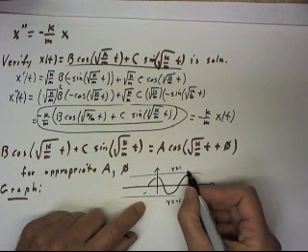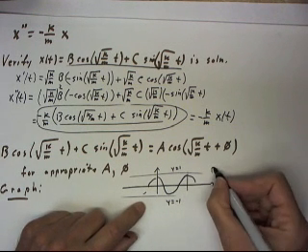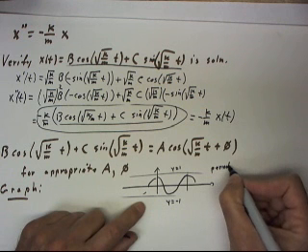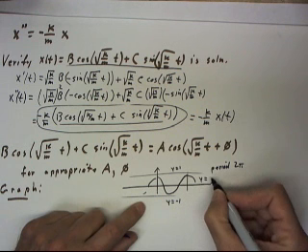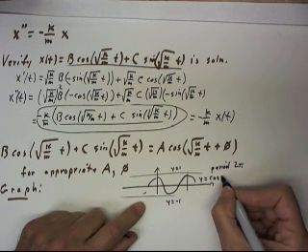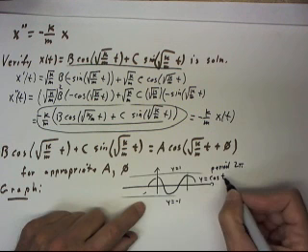Has a period of 2 pi, and this would just be y equals cosine of t, let's say.